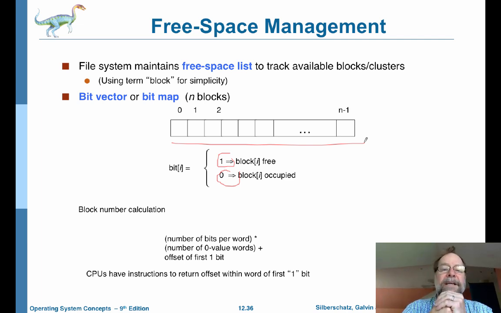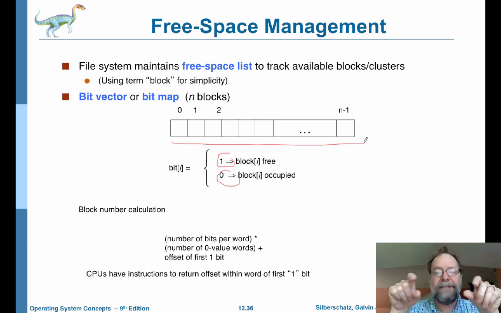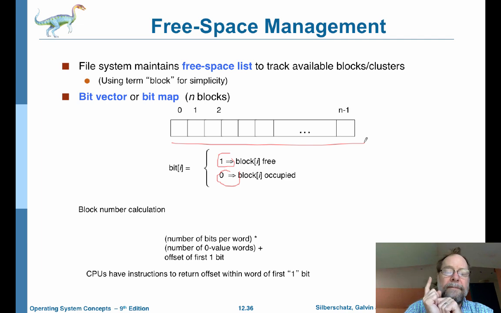So it's very easy for us to scan through the bit vector and find words that are not all zeros, that is, which have at least one free block represented in them. So you could pull that out. And then finding offsets within those is also typically very easy to do. Most machine code languages provide an operation to return an offset to the first non-zero value in a word. So it's fairly easy to use.